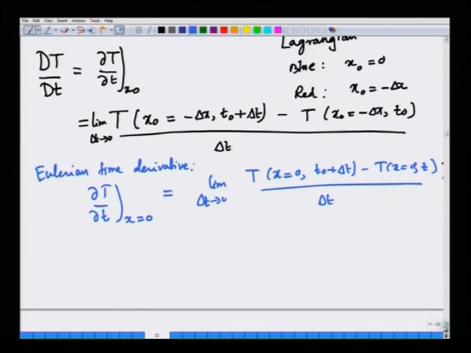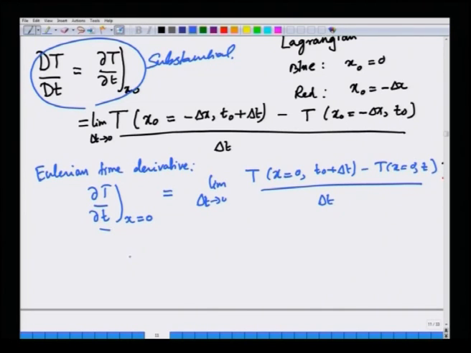Okay. So, somehow we should get the substantial derivative, as we follow the same material particle, from this information, from this description, the spatial description. Okay. So, how do we do that?